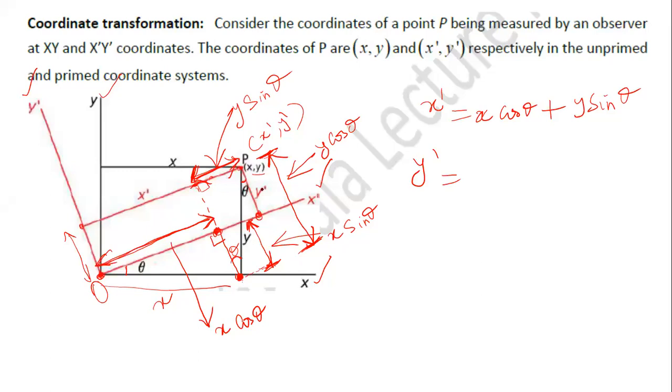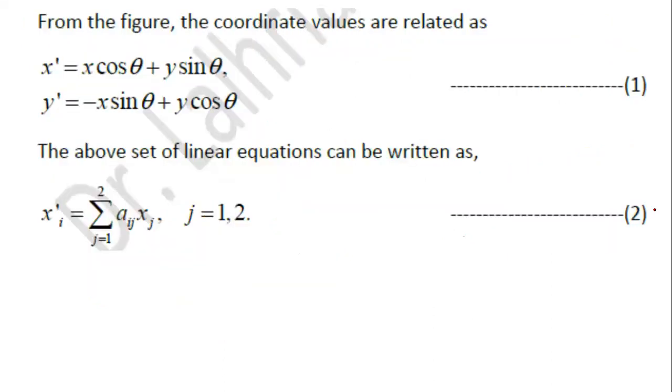Y prime is between these two points. So y prime will be y cos theta minus x sine theta, which you can write as minus of x sine theta plus y cos theta.